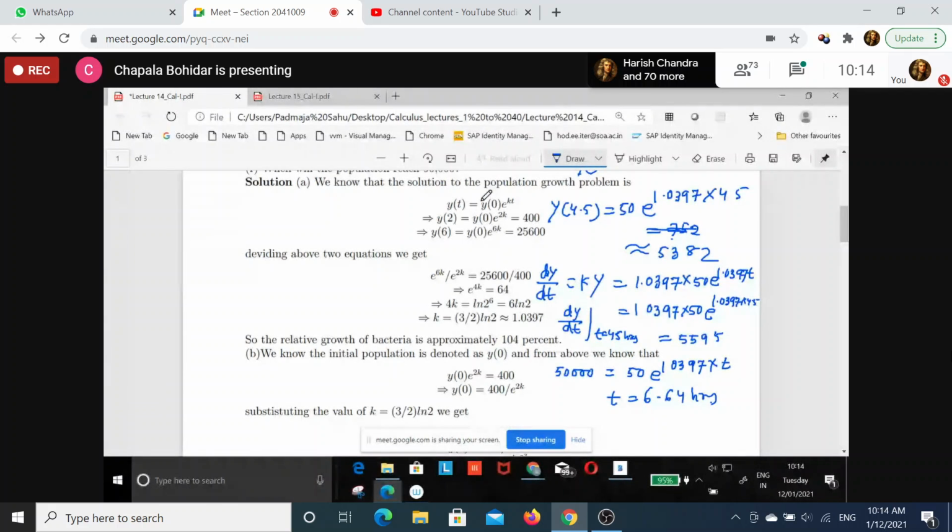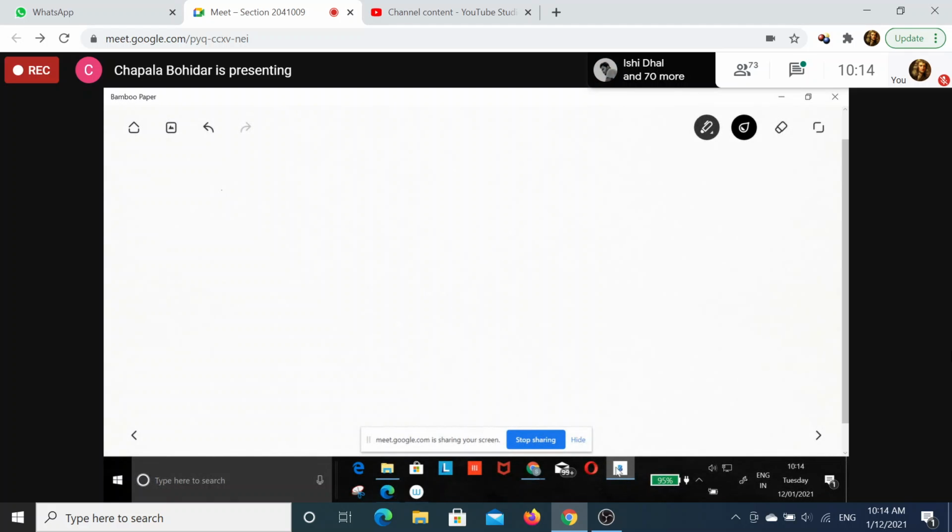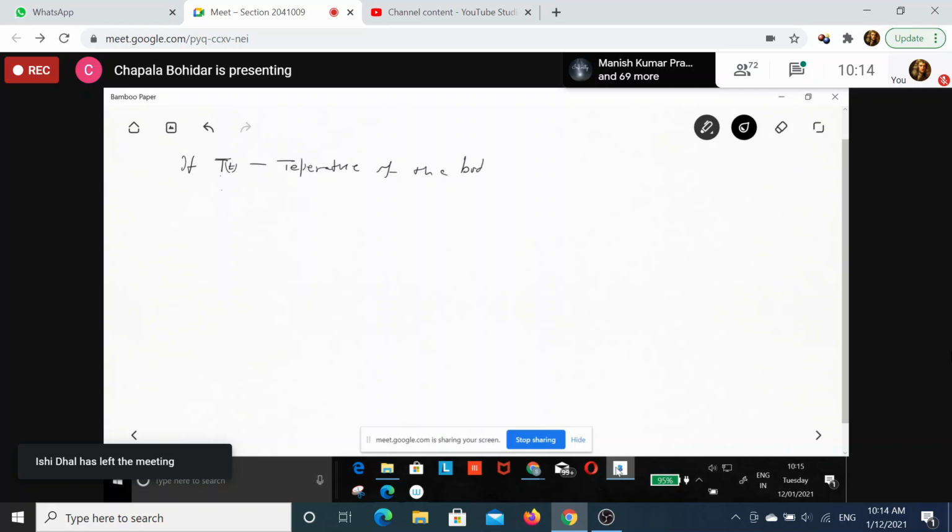If I consider, depending on the time period t, T(t) is the temperature of the body, and Ts is the temperature of the surrounding.